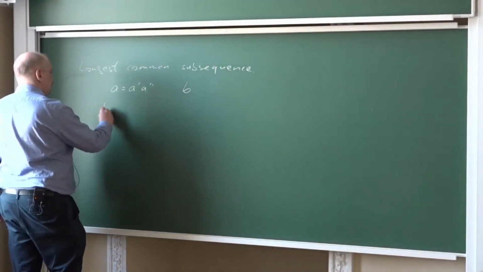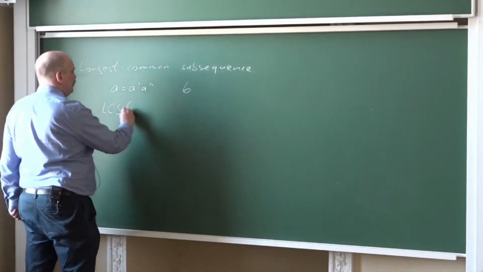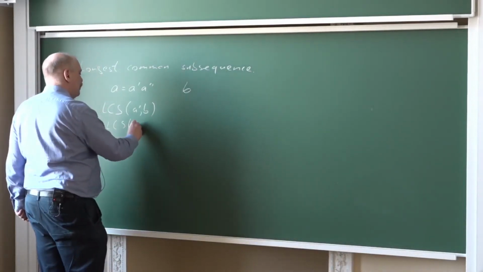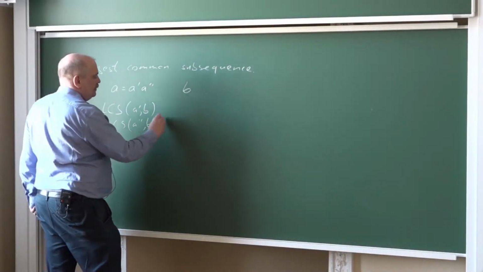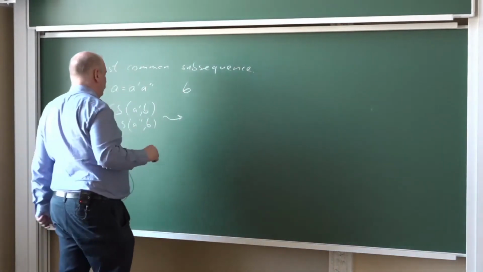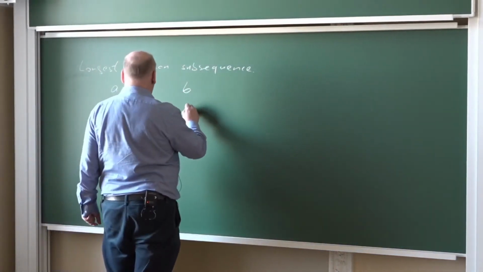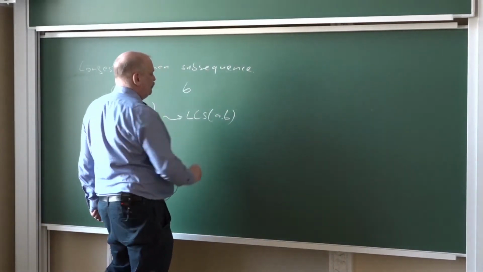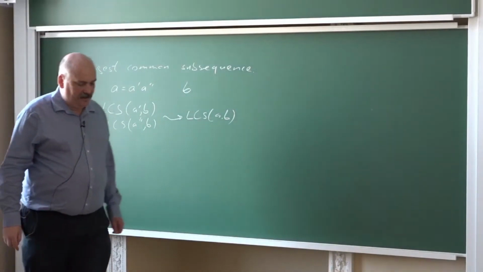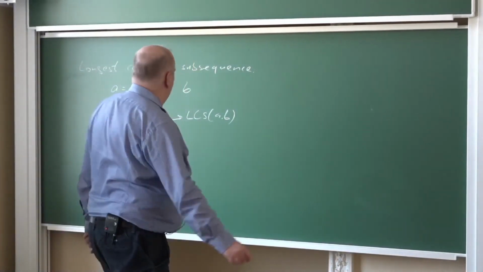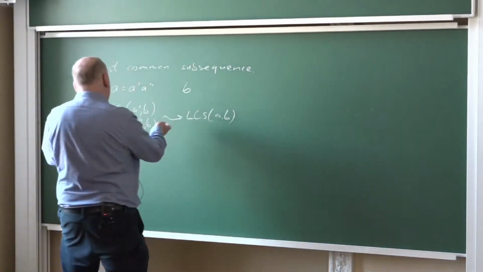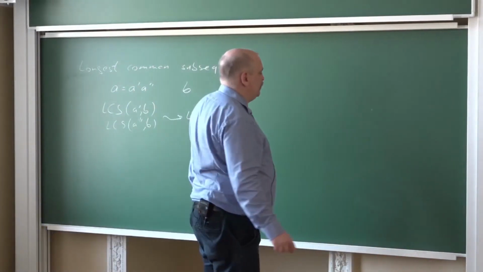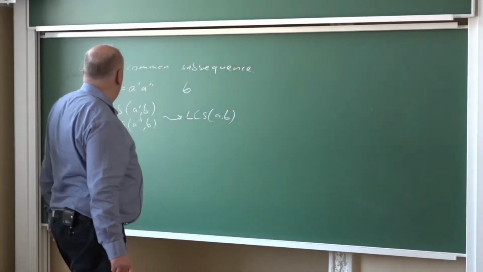I'm looking at LCS, longest common subsequence of A prime B, and LCS of A double prime B. And I want to be able to tell something about LCS of A and B, right? It turns out that this is a very interesting algebraic structure, which can be expressed in various forms.